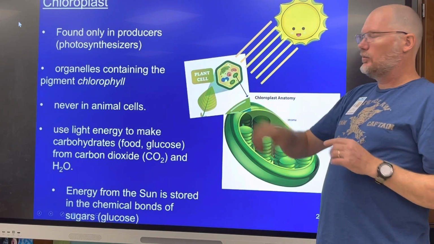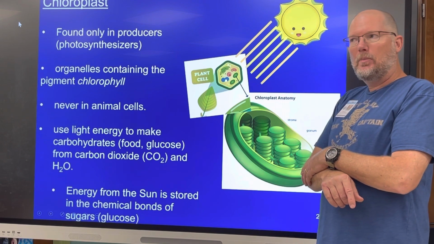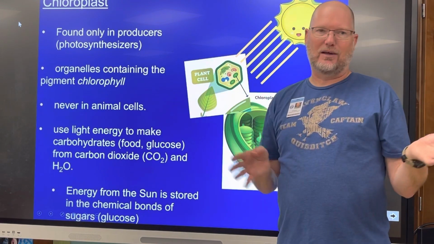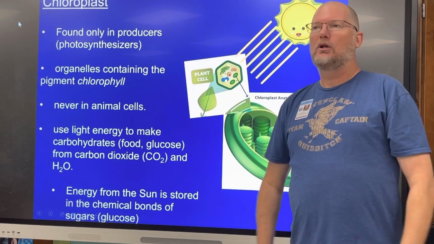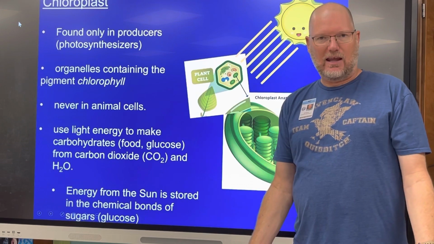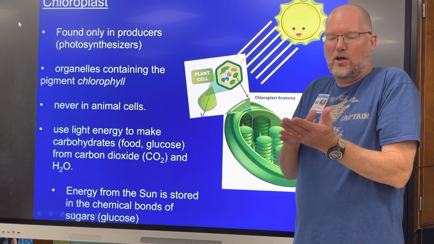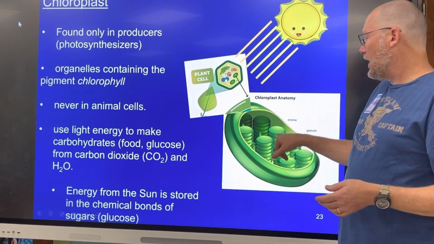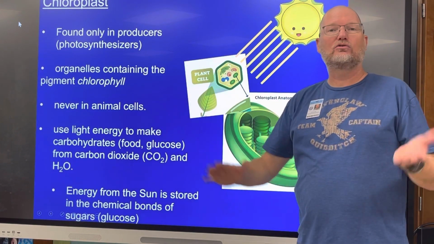And they have the chlorophyll. Chlorophyll is a pigment, it's a green pigment. Do you ever get grass stains on your pants when you're playing outside, sports or whatever, or when you were younger? The grass stain is when you landed on the grass or the plants, you crushed the cells open and you spread that chlorophyll pigment onto your clothes.